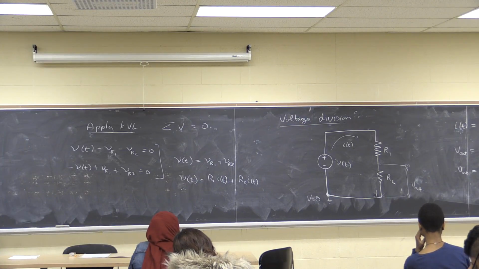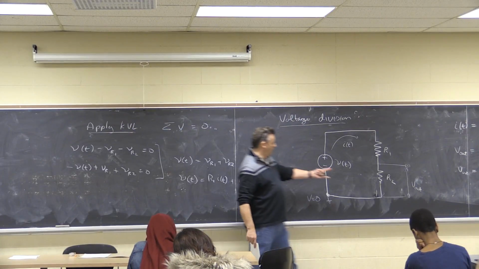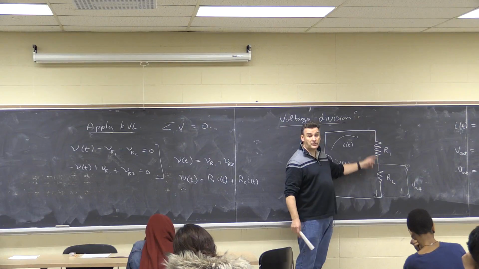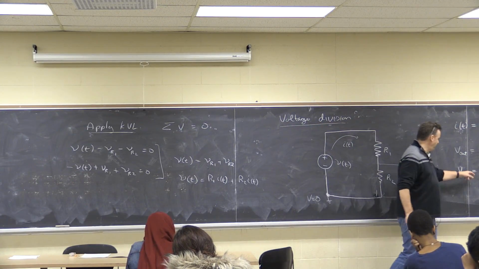So this is the voltage division rule. Basically it says the voltage coming out at this point between these two terminals depends on the values of the resistors I take here. Depends on R2 and R1.